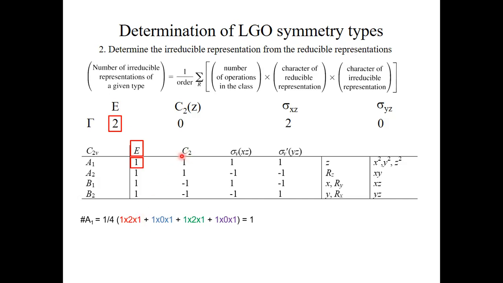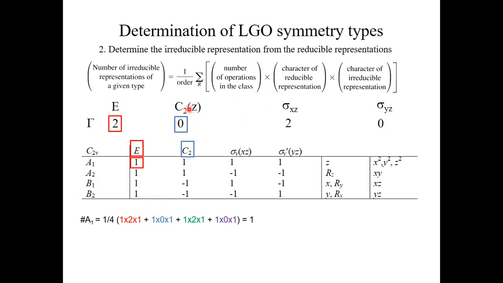So next we can go to C2. So what is the number of operations in the class? Again, we have only 1 operation, 1 C2 operation to consider in this case. So that explains this one here. Then we have to multiply this with the character of the reducible representation. So we look underneath C2 in the reducible representation.